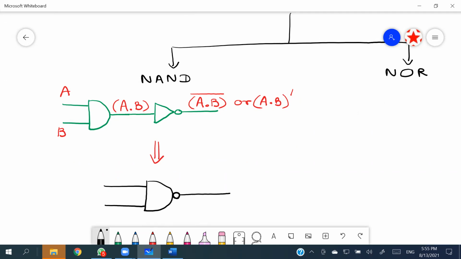So this is what you call the NAND gate, right? Here, the operation shows like this. Once A and B are given, (A dot B) total bar, or (A dot B) dash, is given as the output.